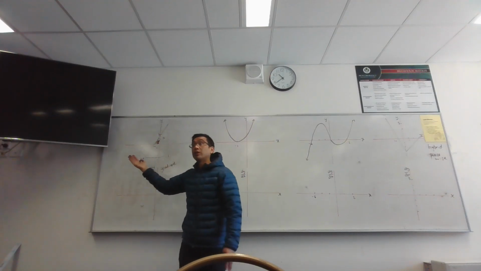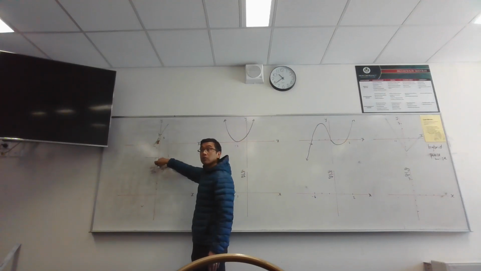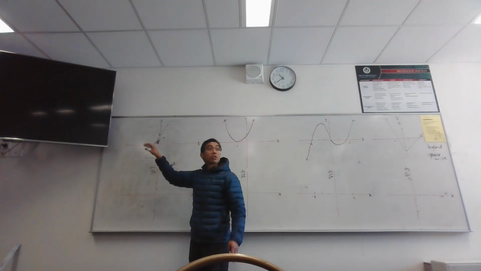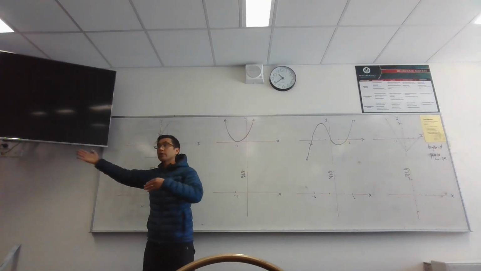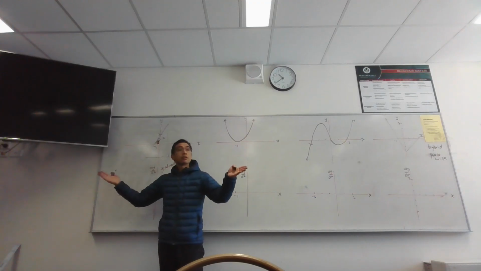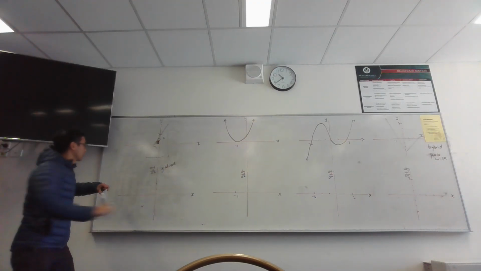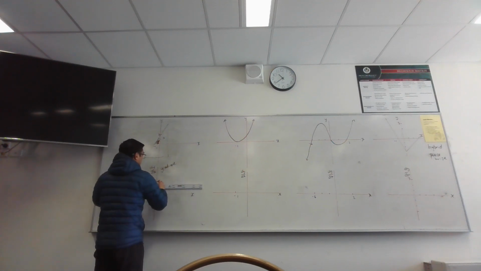What would the ratio be between our vertical and our horizontal? 2 to 1 again. It's all 2 to 1 everywhere. So the gradient, no matter where you go along the x line, is always 2 to 1, or 2 divided by 1 is 2.